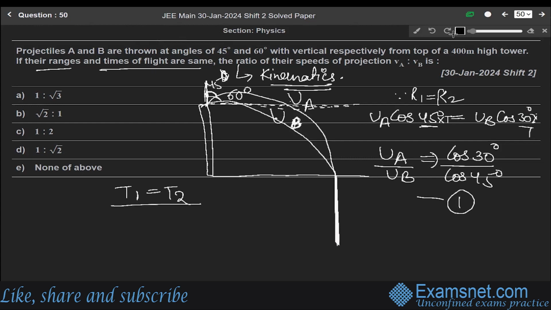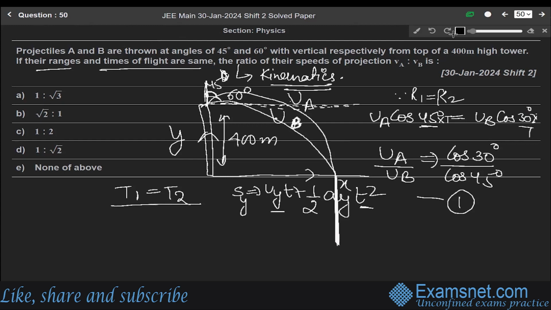If T1 is equals to T2, from second equation of motion for vertical motion, Sy will be equals to Uy t plus half Ay into T square. Okay. Since T is same, this displacement is same. Displacement is what? 400 meter. So for both A and B, the time is same, displacement is same, and acceleration in downward direction is same.